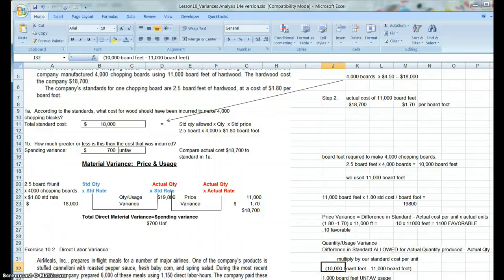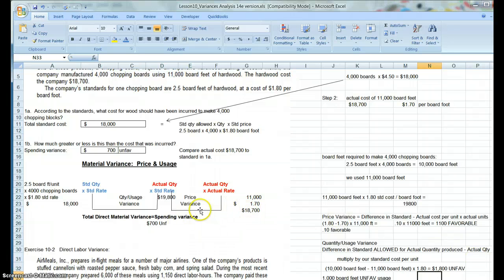Now we come back up here and multiply this, because right now it's just quantity of units with no dollar value, by the standard cost. $1.80 per board foot, so 1,000 times $1.80 is $1,800. Unfavorable, as we said, because we used too much according to the standard that was established.